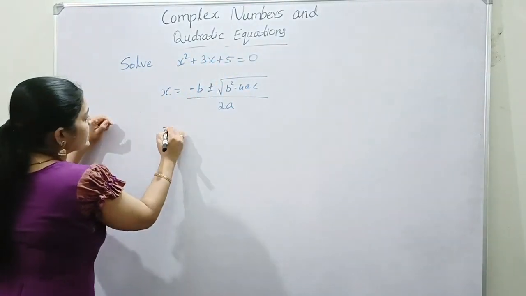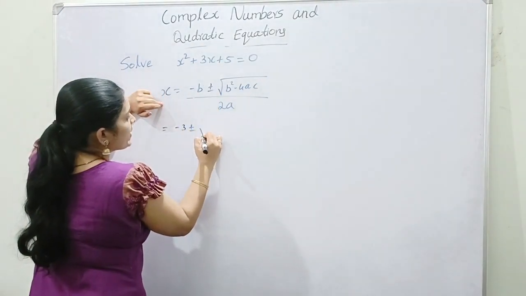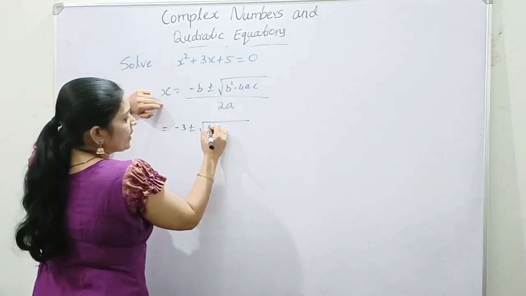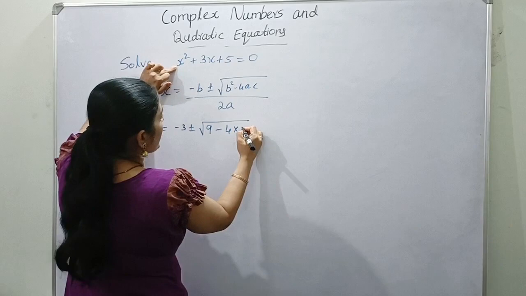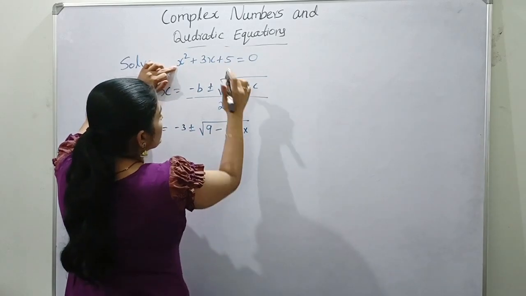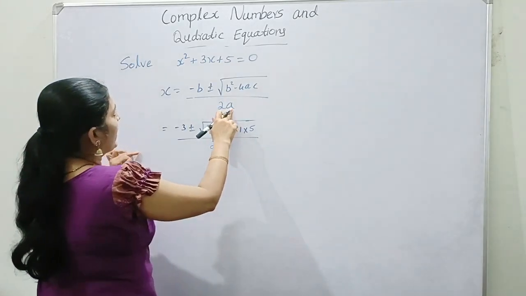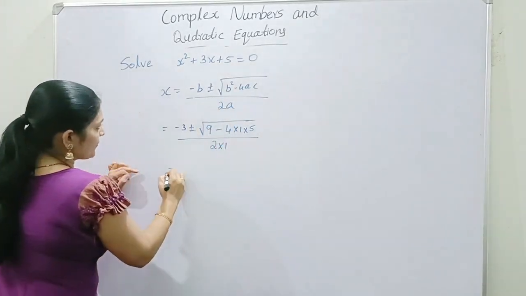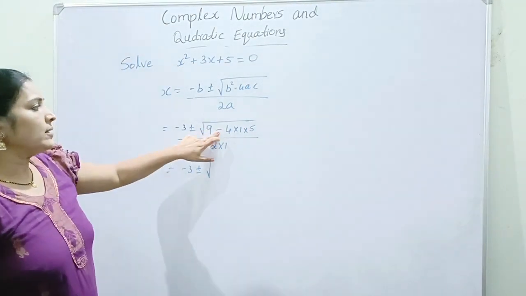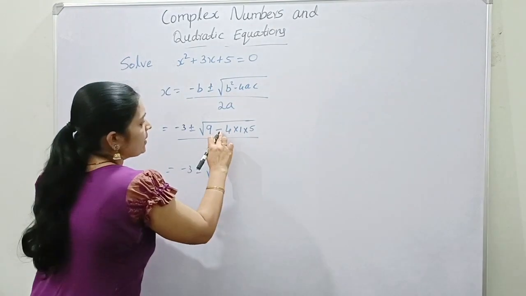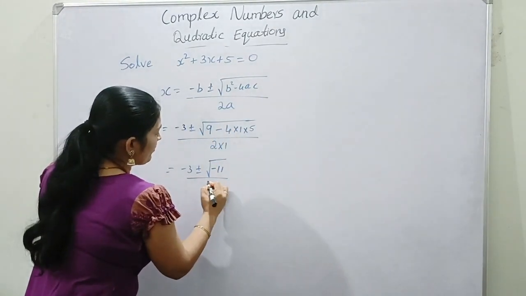Then apply: minus b, that is minus 3, plus or minus square root of b square, 3 square is 9, minus 4 into a is 1 into c is 5, divided by 2 into a is 1. Then minus 3 plus or minus square root of 9 minus 4 into 5, 20, that is minus 11, divided by 2.